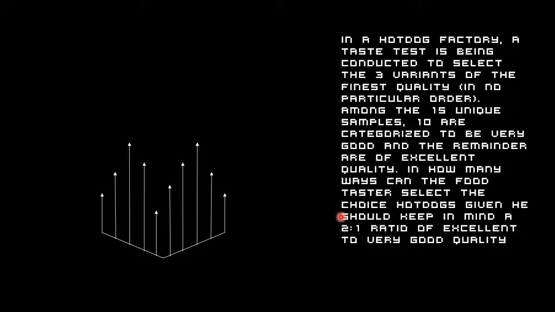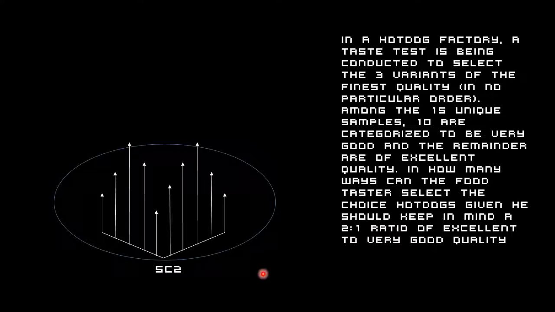We'll understand this problem more if we visualize it through a tree diagram. A tree has, in fact, branches. Let's say that the first level of branches refers to the collection of ways we can choose 2 variants from the 5 excellent hot dogs. We use 5 combination 2 since we have chosen 2 from the 5.